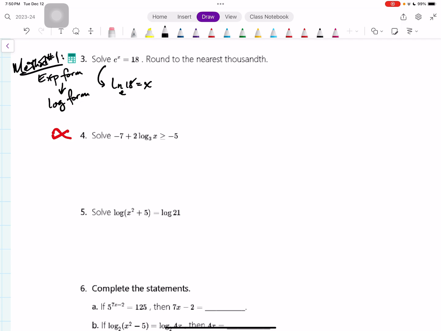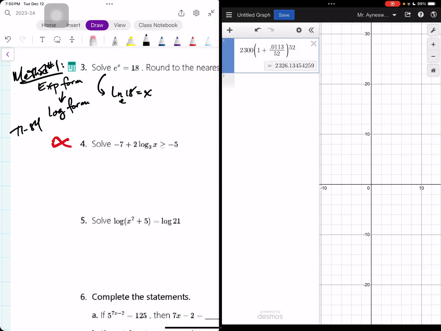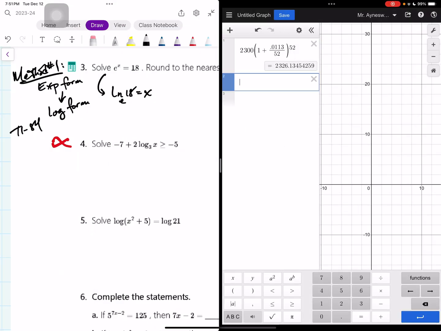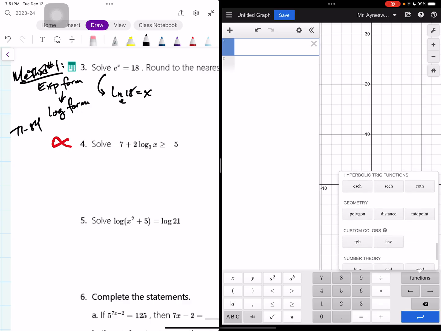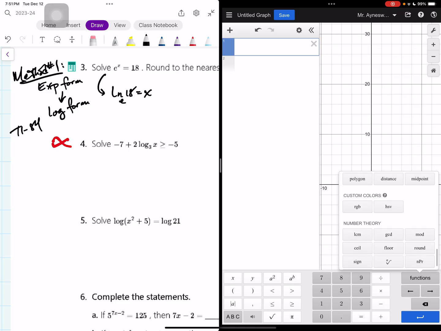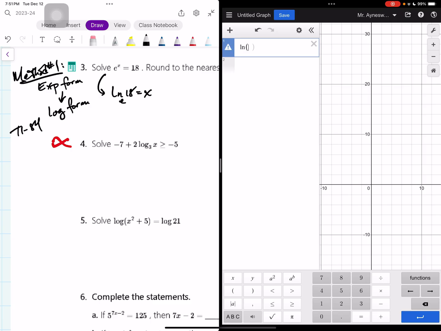So you switch to log form and then evaluate, and this requires a TI-84. I don't have a TI-84 on my iPad, so I'm just going to whip out Desmos here, and we're going to take the natural log of 18. Go to functions, and then scroll down to where you see the logs. You can go to the keyboard as well. You just type the natural log of 18 and you're done.